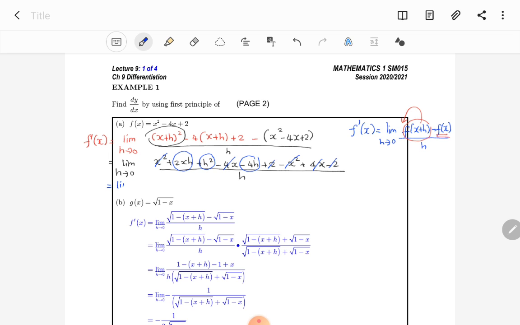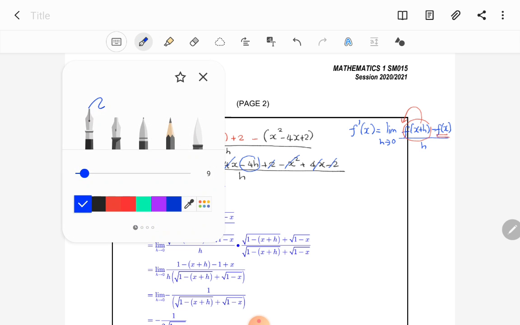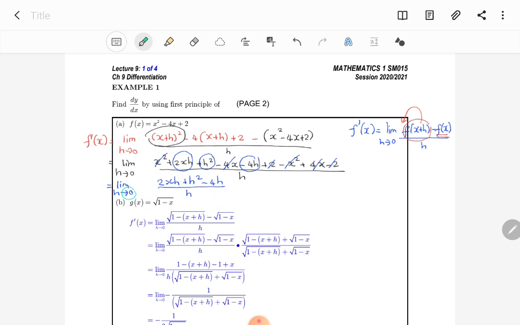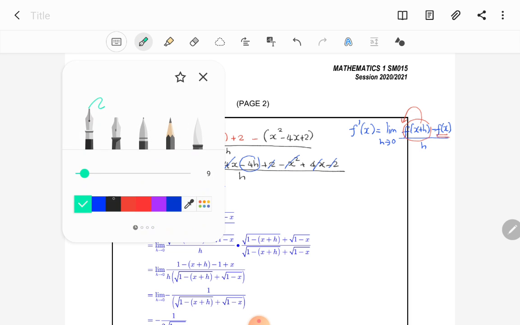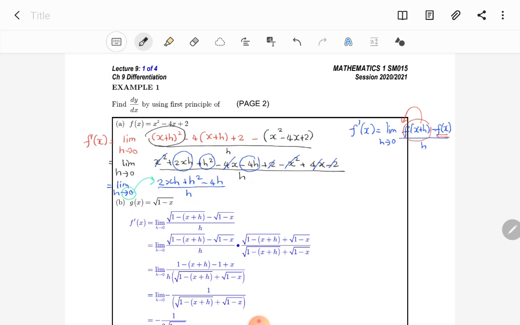So equals the limit as h approaches 0 of (2xh + h² minus 4h) divided by h. And if you try to substitute h equals 0 inside, we will get 0 over 0, which is undetermined.